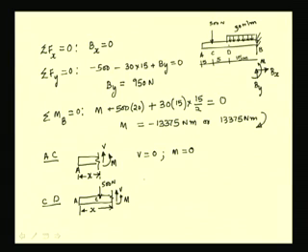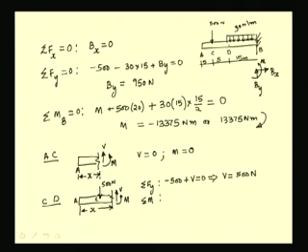So, we have from the force summation minus 500 plus V has to be 0, from which we find that shear force has to be 500 newtons.